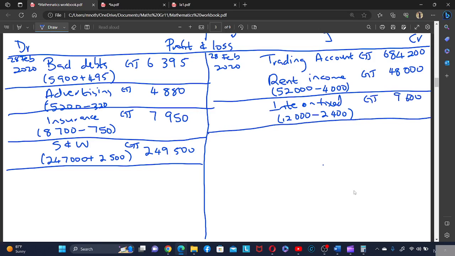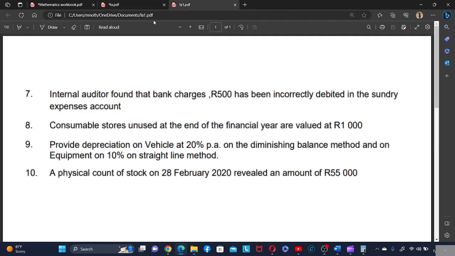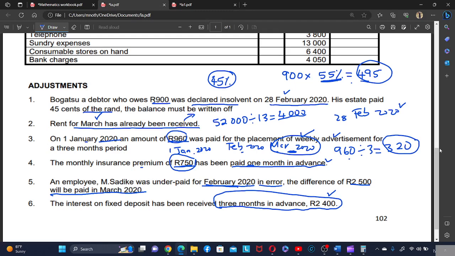Number 7. An internal auditor found that the bank charges of 500 Rand has been incorrectly debited in the sundry expenses account. Okay, we have the bank charges. Let's go to the bank charges.